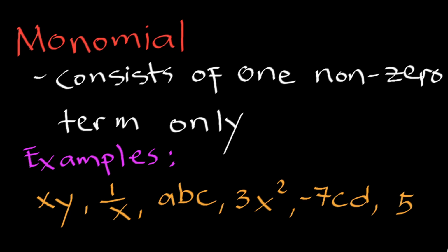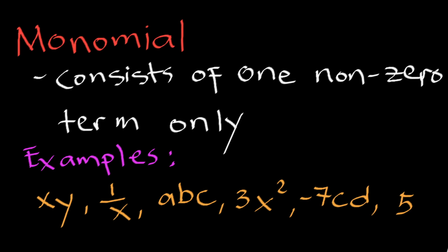So in case of xy, meron niyang multiplication because we are multiplying x and y. And then for 1 over x, meron tayong division because we are dividing 1 by x. For abc naman, we are multiplying a by b and by c.